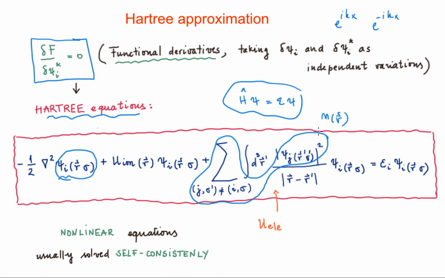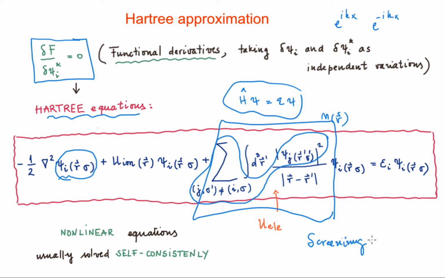So this is what we were looking for. This is like the effective potential that electron i can see in the system, caused by all the rest of the electrons. And the effective potential here is doing screening. It's important because we are introducing here the concept of screening. All the electrons are screening the potential created by the ions. So that's the kind of understanding we have for the Hartree equations here.